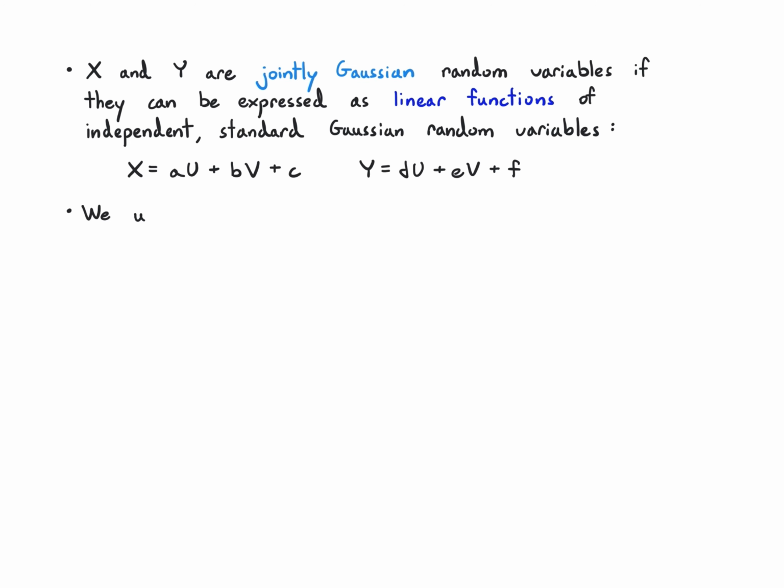But we usually don't use this linear transformation as the way to specify the random variables. That's just something hiding underneath. We usually specify the distribution with 5 parameters.